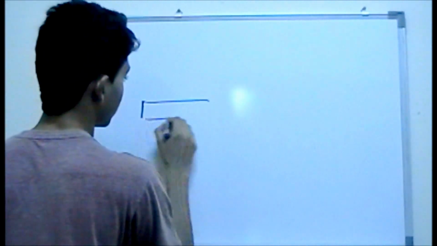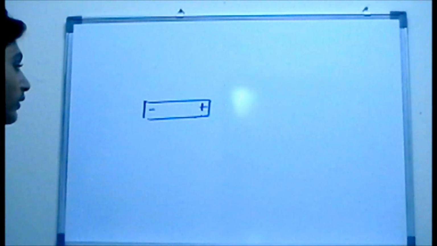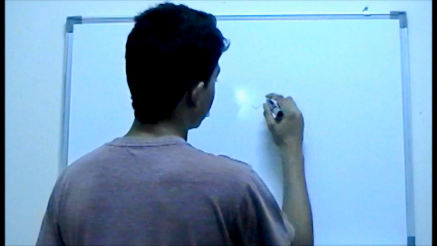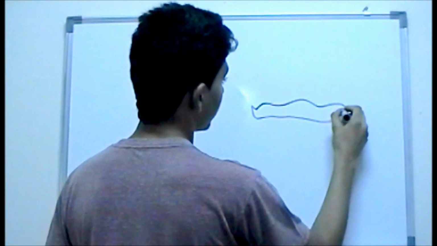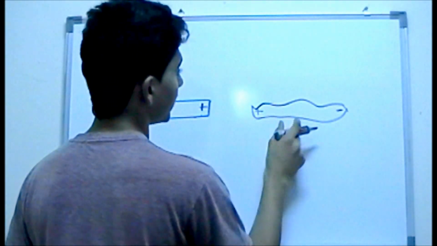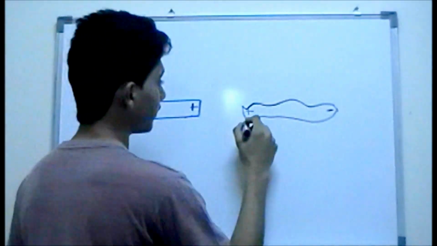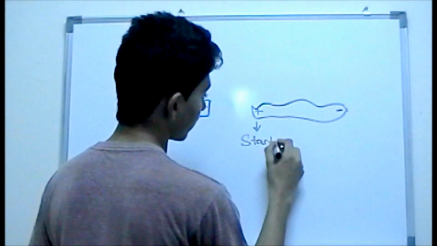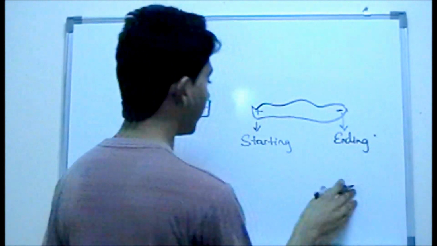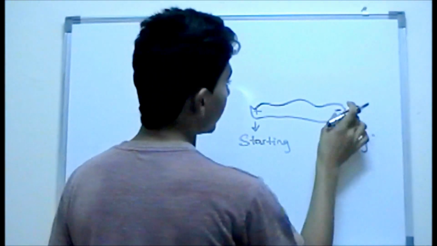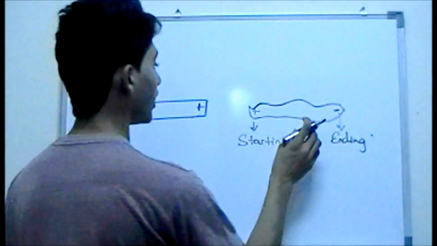So when you have protons at the starting point and electrons at the ending point, it is charge polarization. It is already a charged particle.